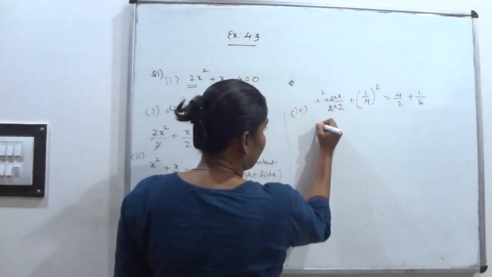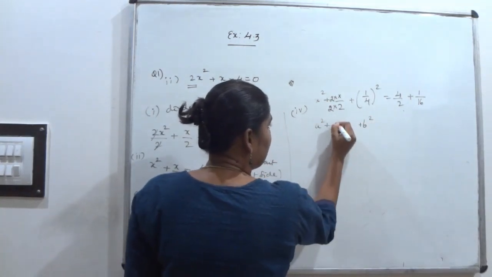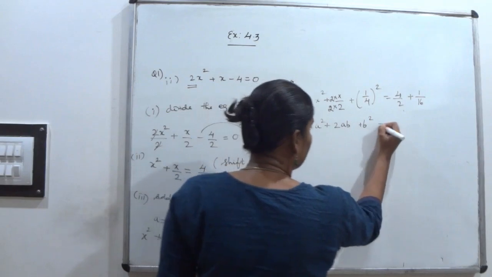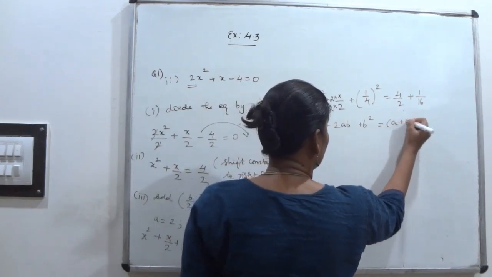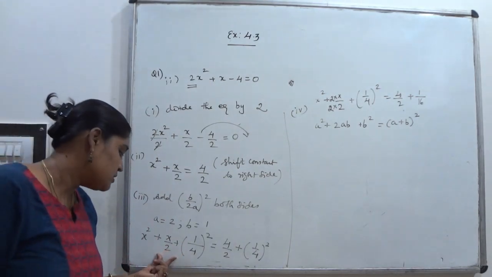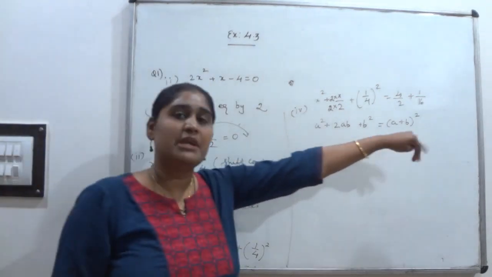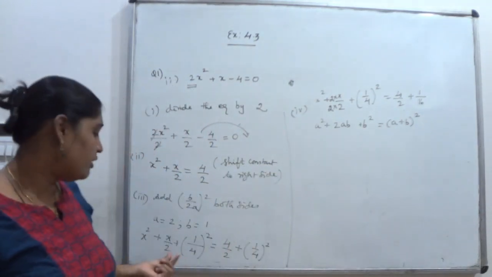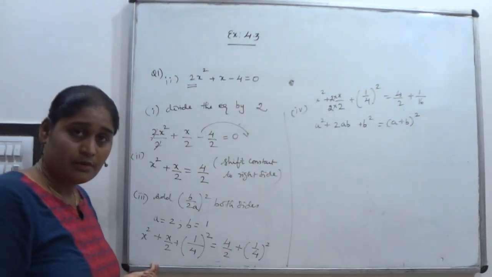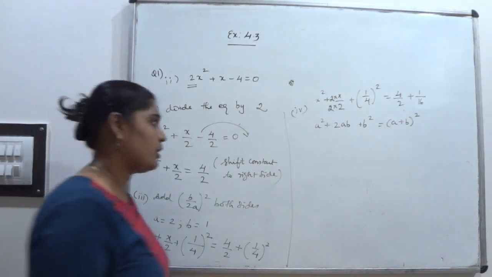So now it is in the form of a square plus b square plus 2ab. You know the identity, that is a plus b the whole square. I already told you. If suppose the middle term in positive sign, we have to use up a plus b the whole square formula. If the middle term is in negative sign, then I can use up a minus b the whole square.